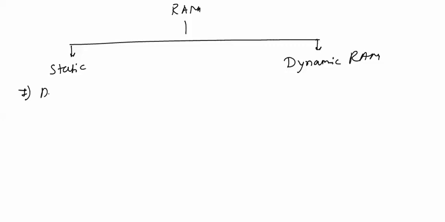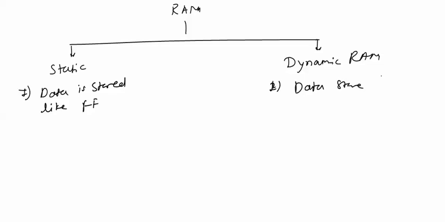In static RAM, data is stored in flip-flops, and in dynamic RAM, data is stored in MOS capacitors.